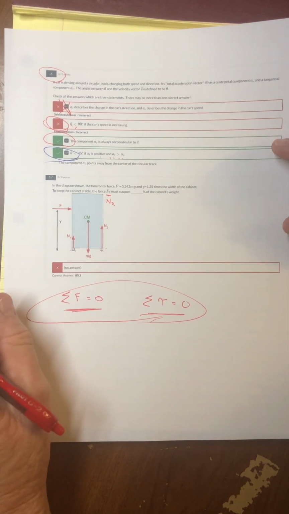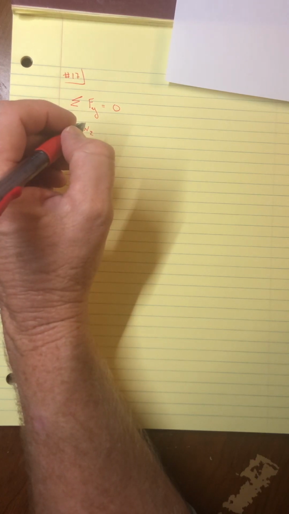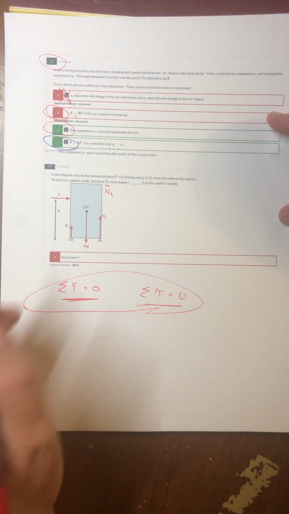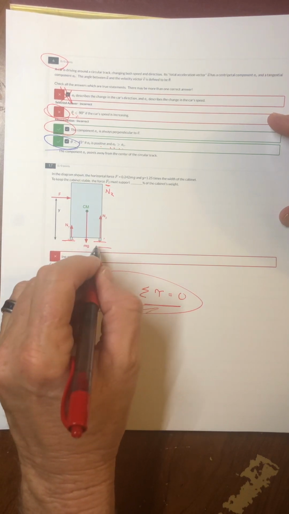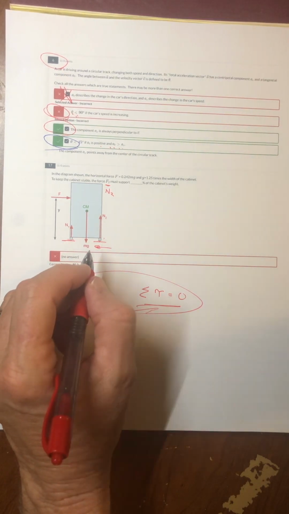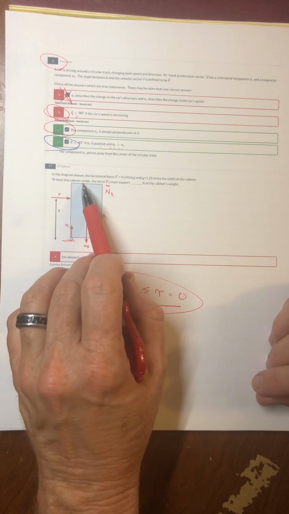Okay, so let's go ahead and, like I said, we can run through the forces in the y direction. And it looks like I would have an N1 pushing up and an N2 pushing up and a mg pushing down. I'm just kind of hesitating here for just a second. I notice they don't really complete the free body diagram. They don't say that there's friction, but I think what they're trying to say here is to keep the cabinet stable.